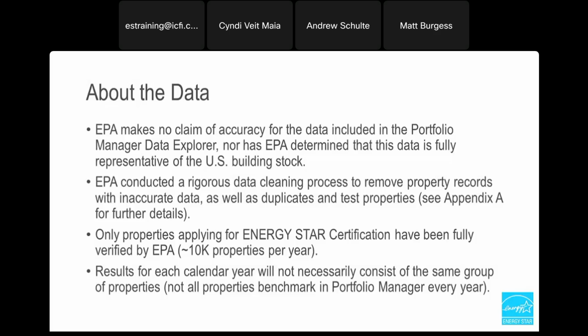As those of you who have gotten your building certified know, that is a pretty intense process of reviewing your building's records to ensure accuracy. But that level of review is not provided just for any building in Portfolio Manager. And we have less than 10,000 properties per year that are seeking Energy Star certification. So just bear that in mind.